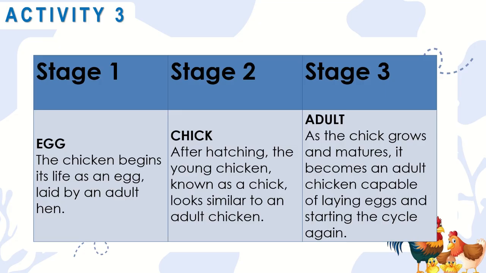The chicken begins its life as an egg laid by an adult hen. Stage 2 is chick. After hatching, the young chicken known as a chick looks similar to an adult chicken. Next is for stage 3, adult. As the chick grows and matures, it becomes an adult chicken capable of laying eggs and starting the cycle again.